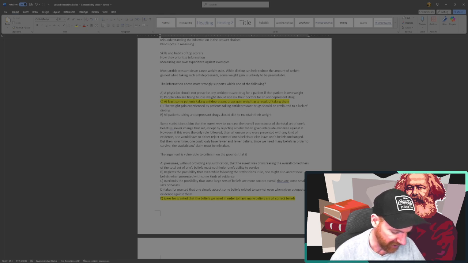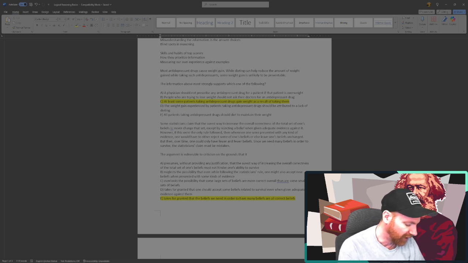C overlooks the possibility that some large sets of beliefs are more correct overall than some small sets of beliefs. D takes for granted that one should accept some beliefs related to survival even when given adequate evidence against them. E takes it for granted that the beliefs we need in order to have many beliefs must all be correct beliefs.